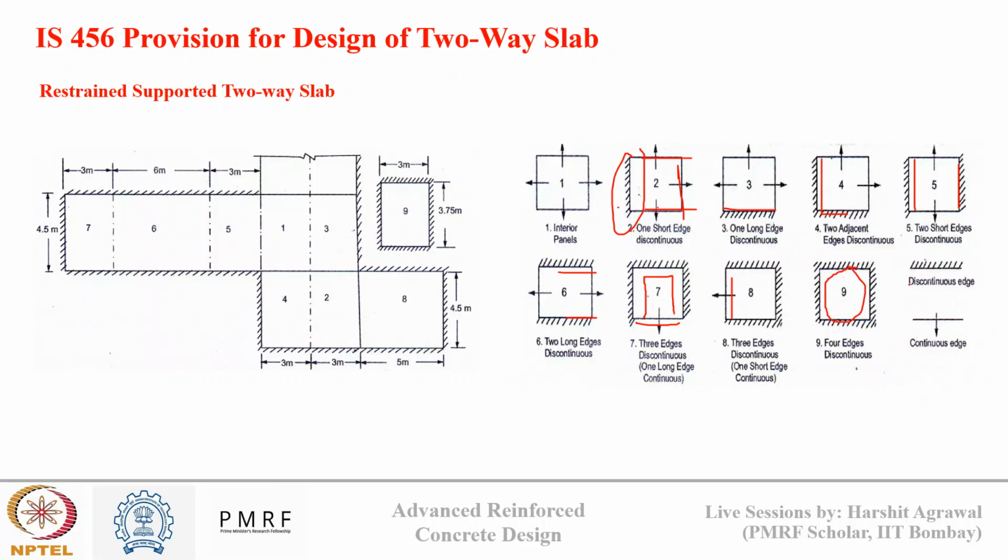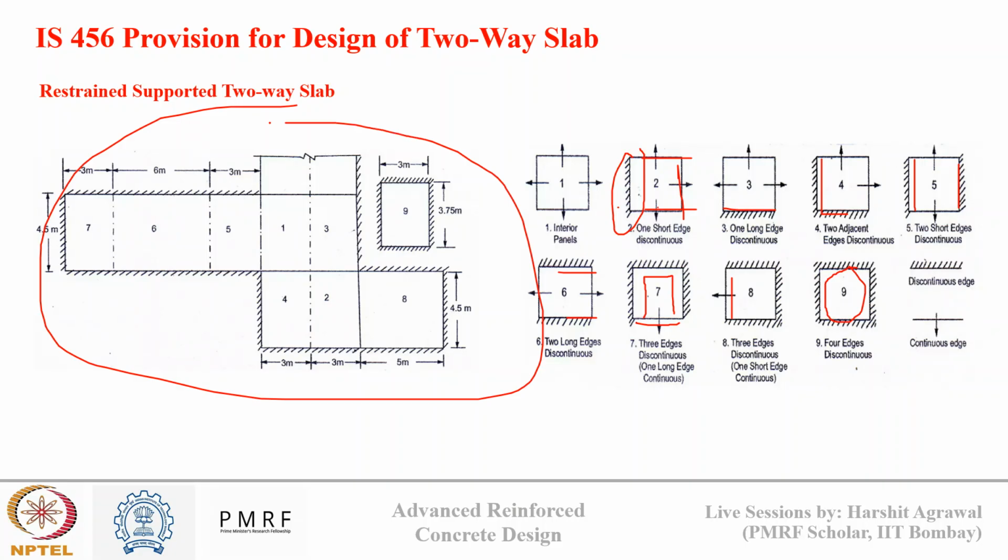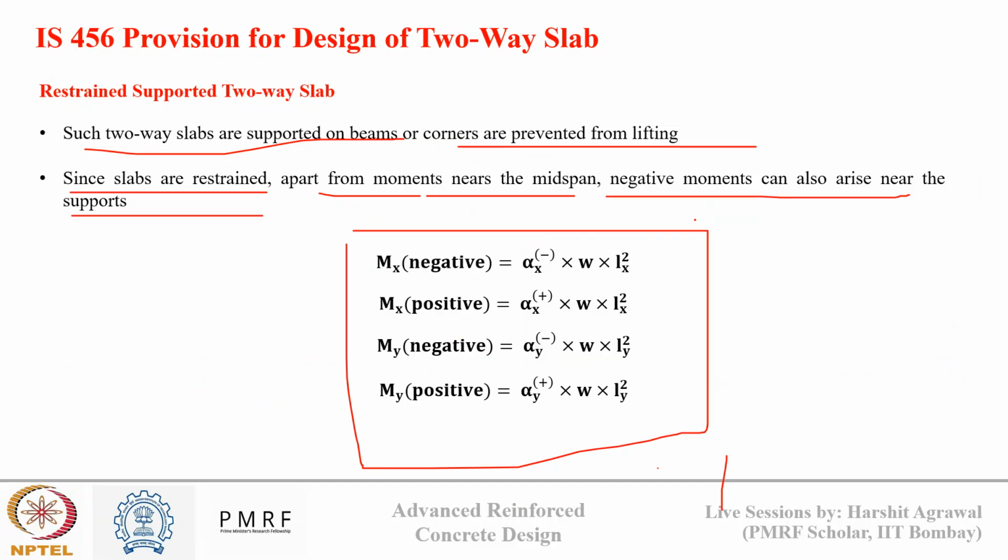So there can be nine different classifications of slab. And in this figure you can see how these slabs will be located. An interior slab will be continuous on all the sides, and edge slabs will be either discontinuous or continuous on the shorter side or on the longer side. So based on different types of end restraint conditions, these values of alpha x and alpha y can change.